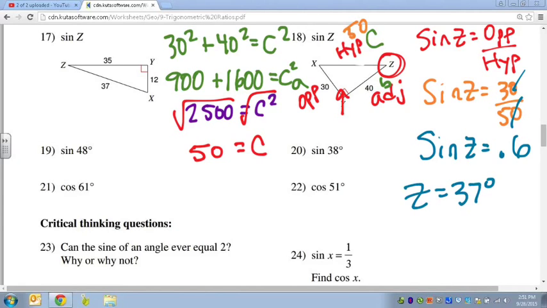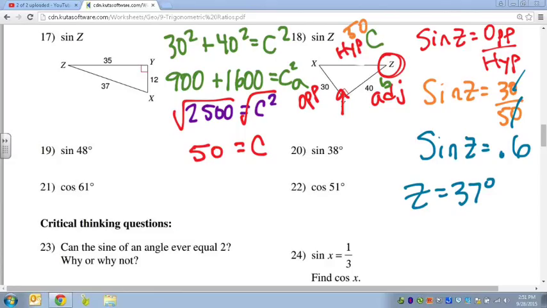Now, that's how you do it if you're given the trigonometric function in the triangle and you find the angle. But this time, look at number 19, 20, 21, and 22. Looking at these, I'm given the angle. It wants to know what the decimal is. So it's as simple as going to your chart.